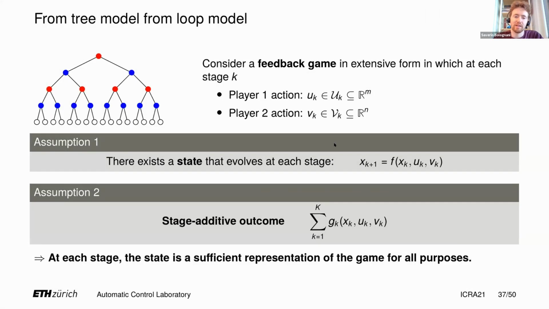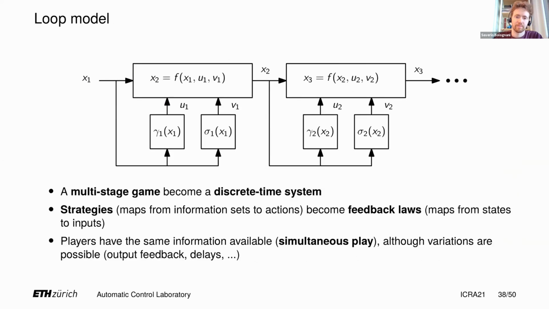But it's really common when the state represents positions, velocities, things that are really close to us. The representation is also slightly different in this case, right? Now this is a representation much closer to control theory than to game theory. You have a state, you have the next state, x_2, which is a function of x_1, u_1, and v_1.